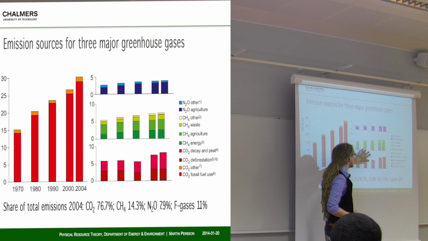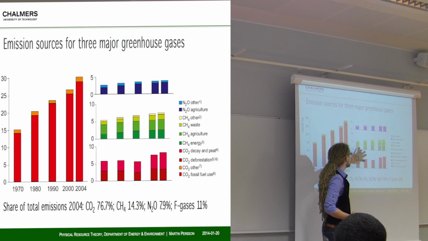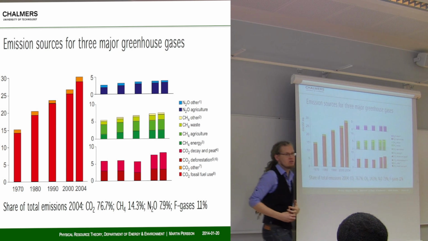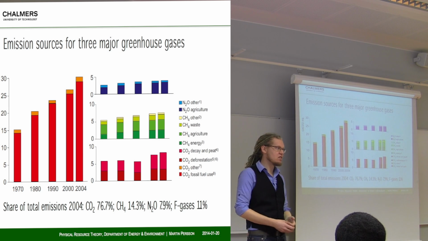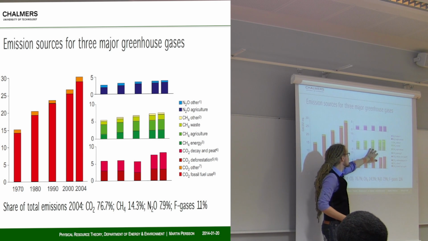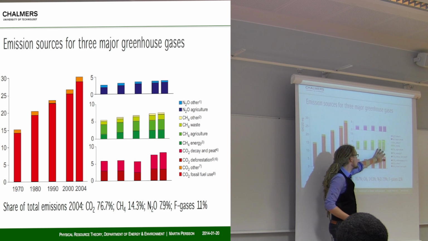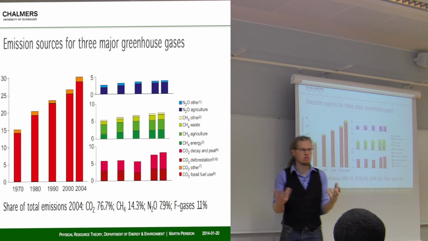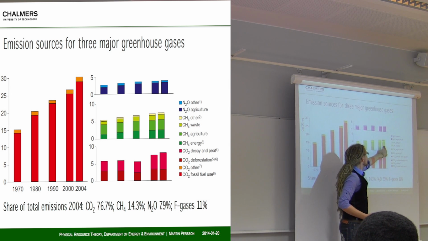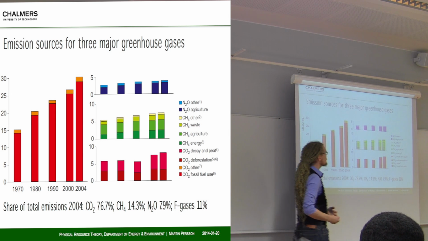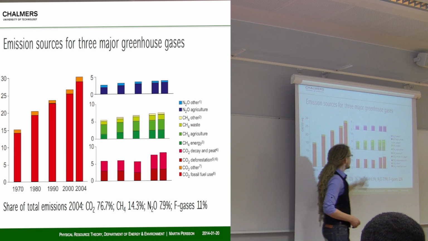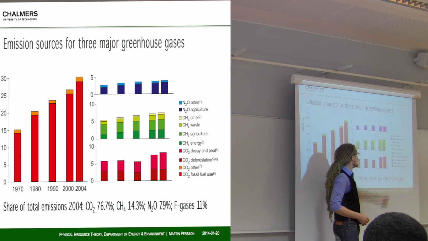And emissions from methane, which is the second most important anthropogenic greenhouse gas, come both from the energy sector, since natural gas is methane, so if you have leakage when you produce natural gas, you get methane emissions. Coal mines also have methane in the coal seams that leaks out. A large share of methane emissions is from the agriculture sector, mainly from ruminant animals, cows and sheep, and there are also some emissions from waste.